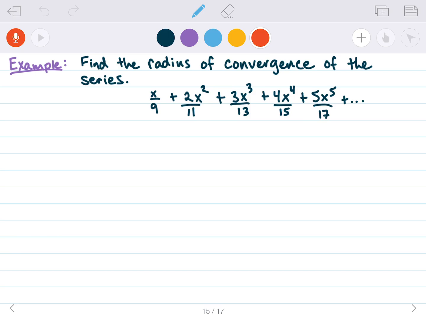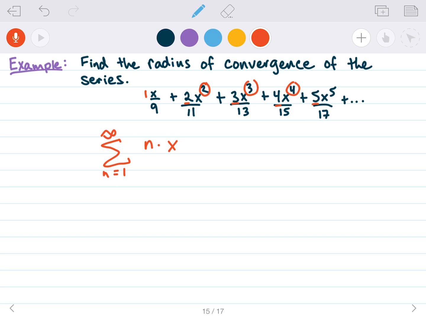Okay, so here it is. We're going from n equals 1 to infinity, and I notice that the coefficients all correspond to the position, the n values. So on top, I have n times x to the n, where the exponents also correspond to where they're at in the list.